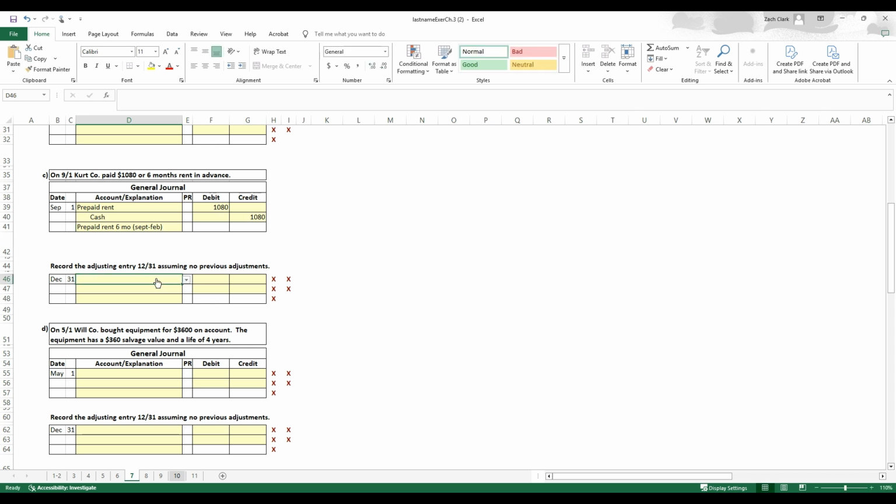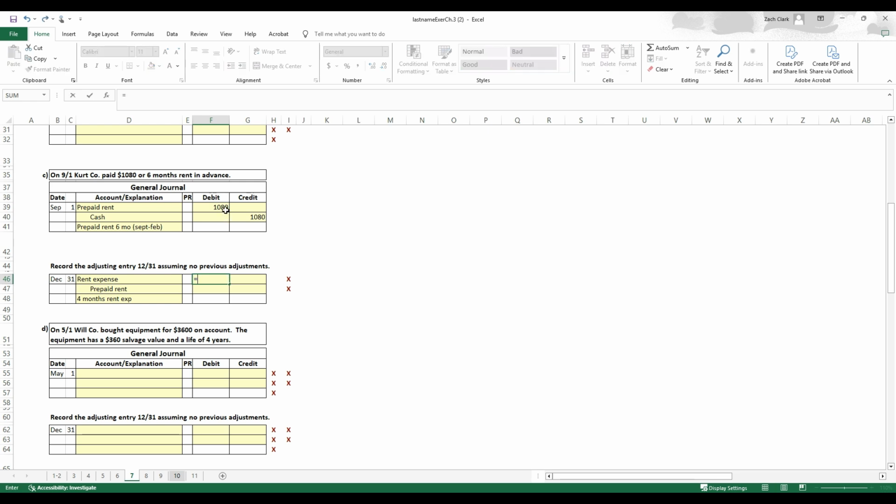And so what we want to do here is this is our first adjustment. We have not been doing this monthly like we were looking at previously. So we're going to make the 1 annual reduction to prepaid rent to reduce it to its actual value. And we'll say 4 months rent expense.